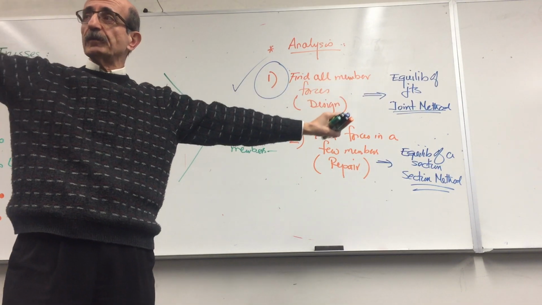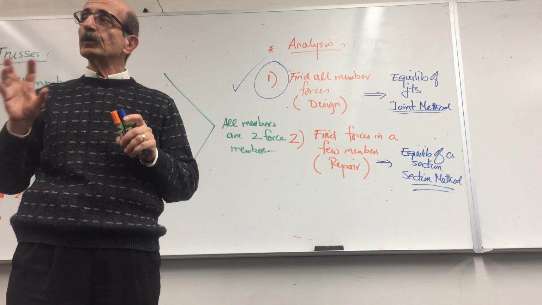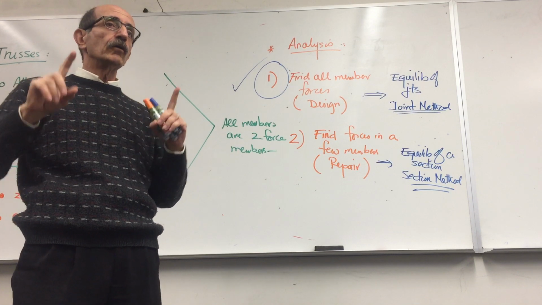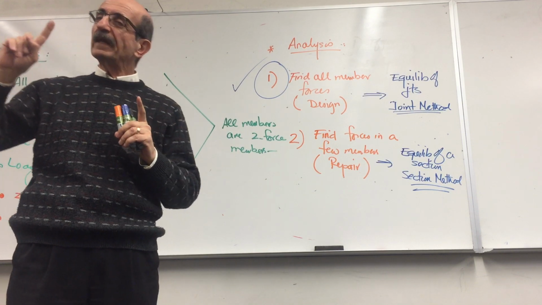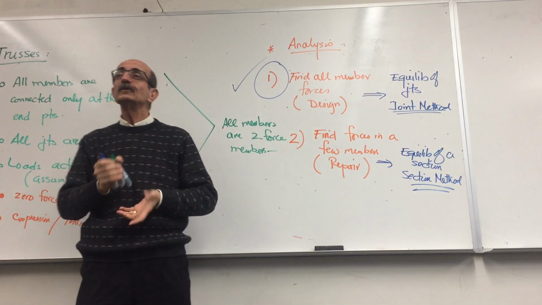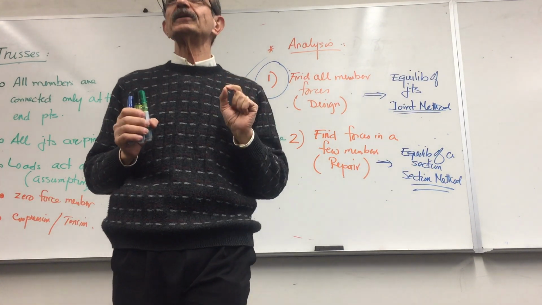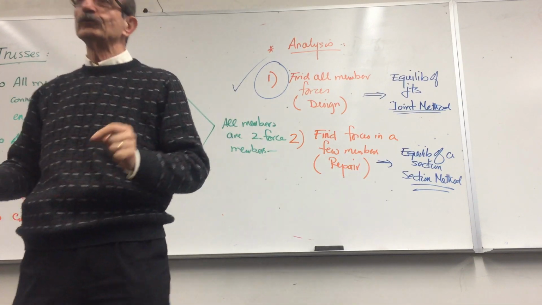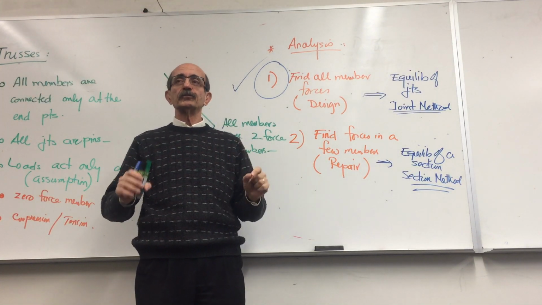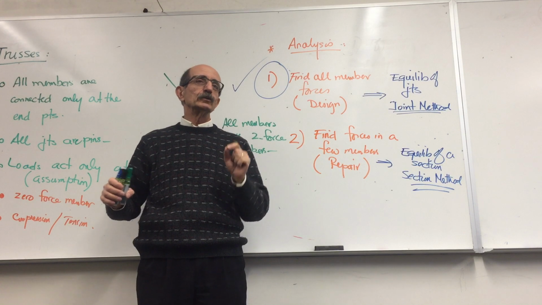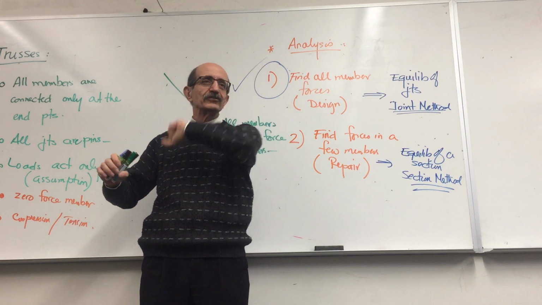But instead of the free body diagram of the members, we look at the free body diagram of joints. If anybody can tell me why we look at the free body diagram of the joints, but not of the members, in order to find all the unknown forces, you will get 5 points right off the bat.